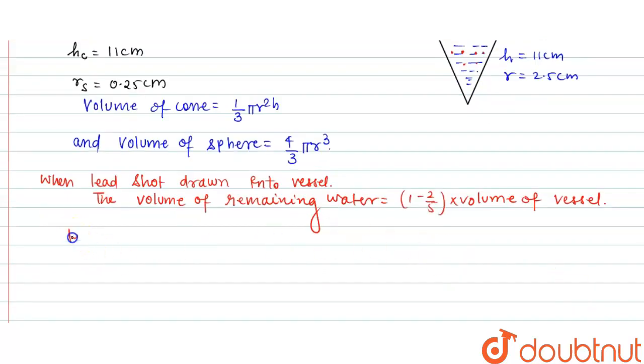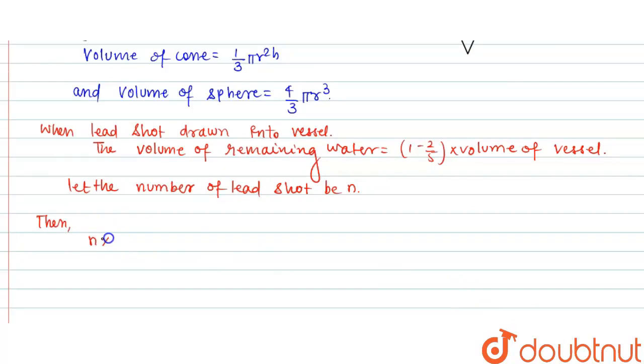And you can write here, let the number of lead shots be n, then n into the volume of one lead shot, which is equal to 1 minus 2/5, equal to 3/5.